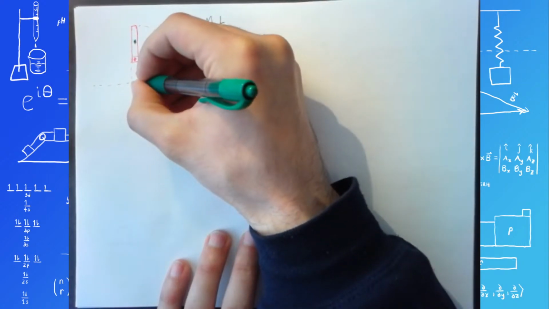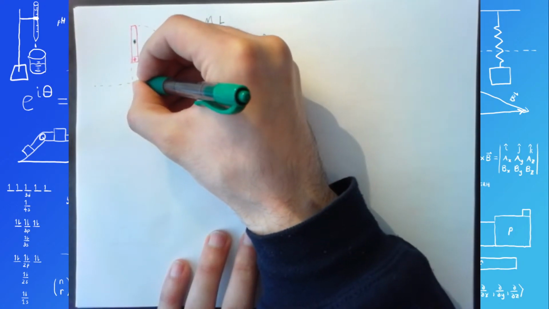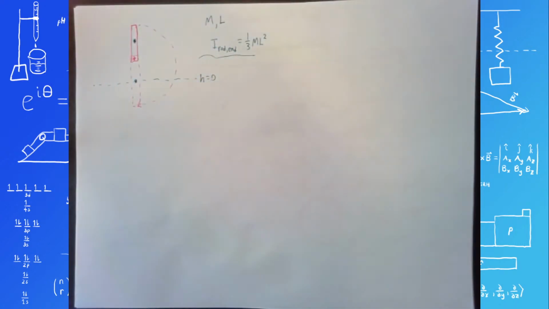Something interesting we can do with center of mass is use it to figure out the total change in potential energy of an object as it spins. If an object rotates, we don't have to chop it up into individual pieces and figure out the change in height for each part of the object.